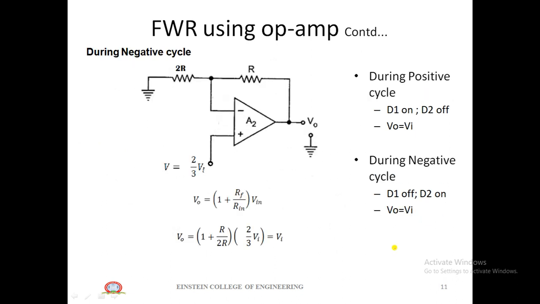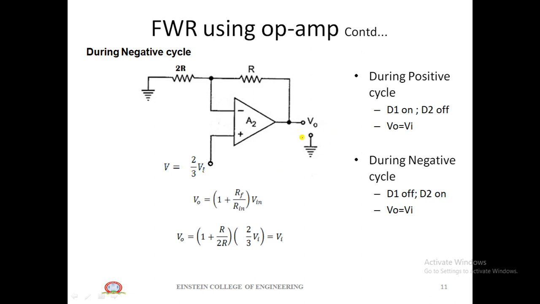So this voltage is applied to the non-inverting terminal of the second amplifier. Here, see this simplified circuit. It is a non-inverting amplifier. For the non-inverting amplifier, the voltage gain equation is V0 by Vin is equal to 1 plus Rf by Rin.